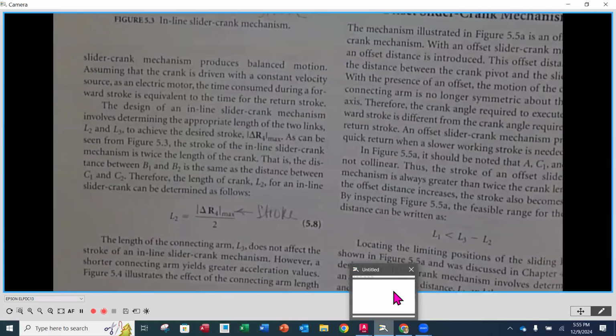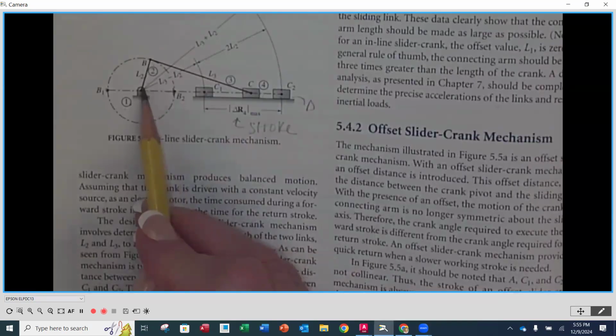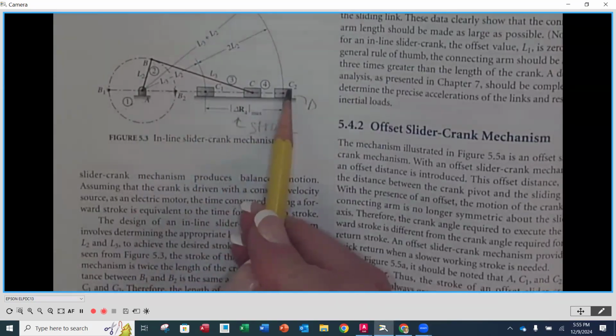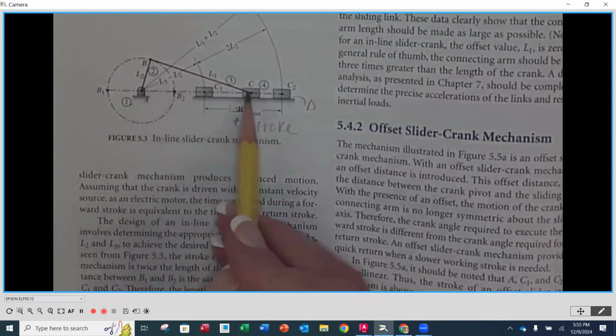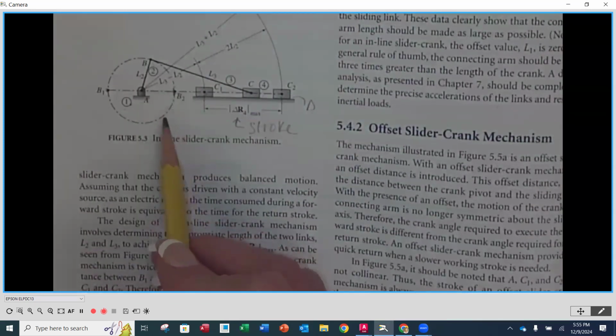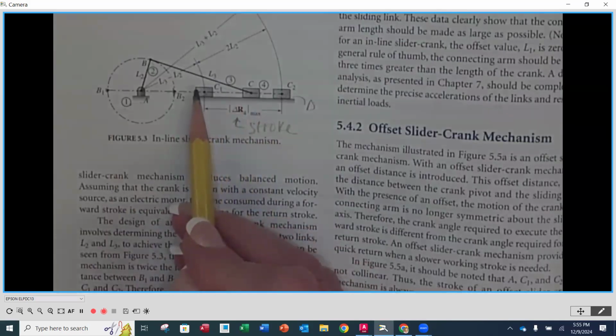It makes sense because when the crank is horizontal here, in line with the path of our slider and laid out, that's going to be the furthest that it's going to go. Then, as this is the center of rotation, when it comes back around over here, it's going to pull it all the way back.